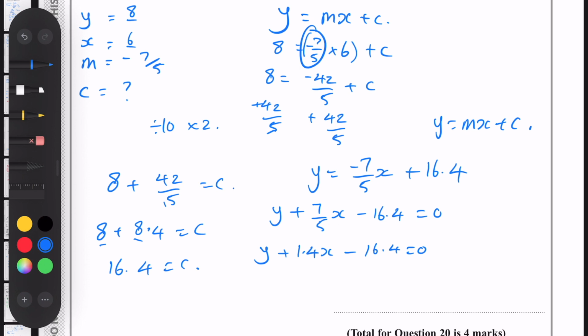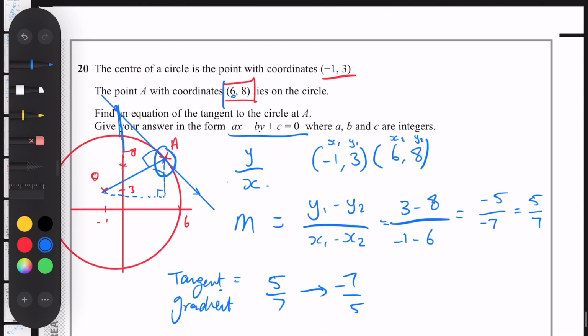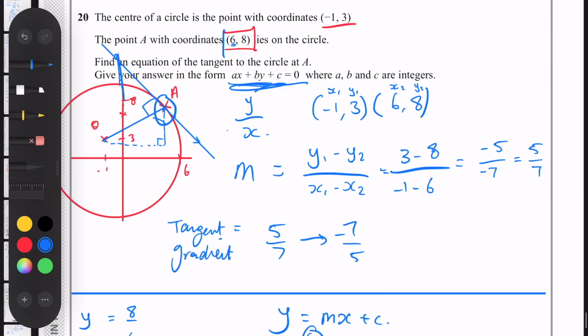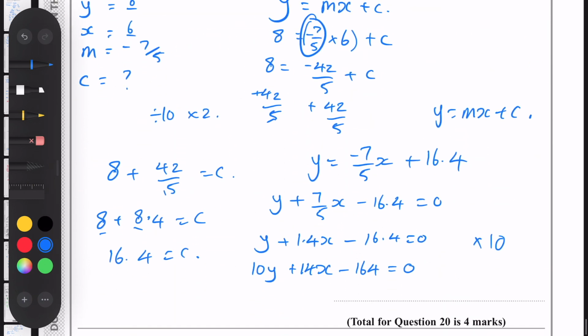And this just times everything by 10 to get rid of all those decimal points. So that means 10y plus 14x minus 164 equals 0. And I don't think it says the most simplified form. It just says give it in any old form. So we don't even need to divide anything and cancel it down. We can just leave it as that.